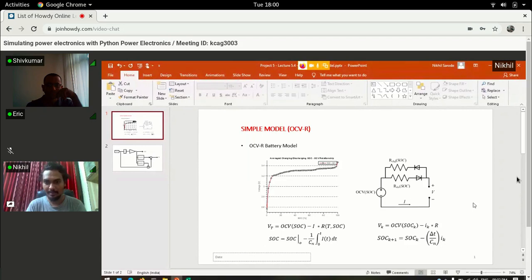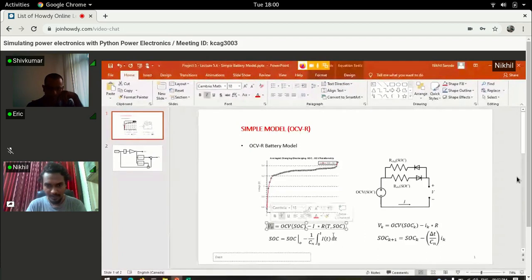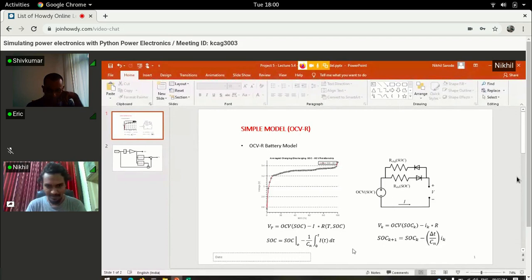So this is a battery model, a lithium-ion cell. These are the equations of terminal voltage, and this is the equation of state of charge. It is a very basic, easy battery model, not very useful actually, but just to start learning how to model the cell, I decided to go with this.